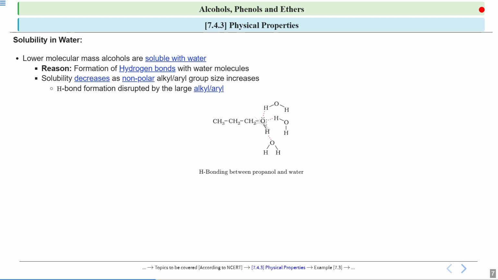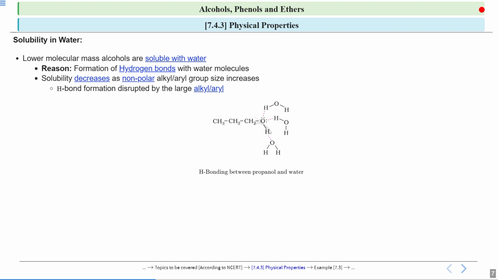Look at this: this oxygen is bonded to two water molecules, that is, to the hydrogens of the water molecules. Oxygen is withdrawing electron density from these hydrogen atoms, and this is the hydrogen bond between oxygen and hydrogen.